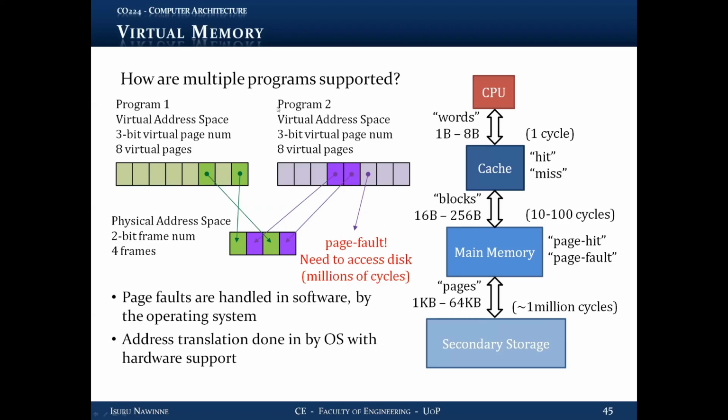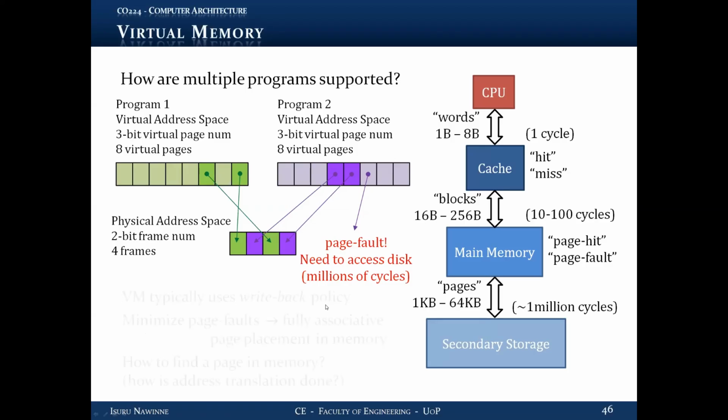So that is how multiple programs are supported. Each program can assume that it has access to the entire address space, whereas in reality, the memory shares whatever little frames available between all these programs, depending on what is currently being used by individual programs. Right. Okay.